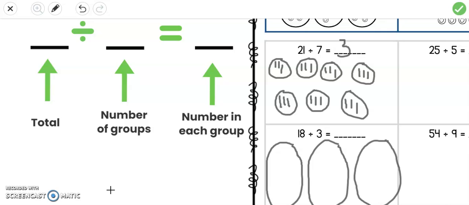Now, just like before, I'm going to pass out those 18 items fairly and equally. I'm going to give each group 1 item until I run out. 1, 2, 3, 4, 5, 6, 7, 8, 9, 10, 11, 12, 13, 14, 15, 16, 17, 18.